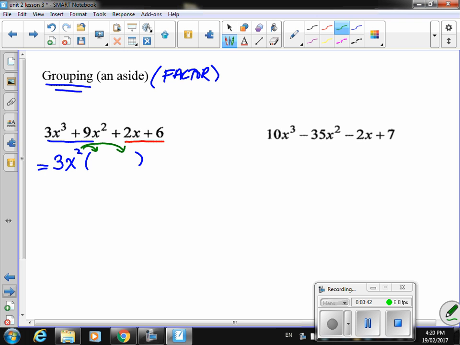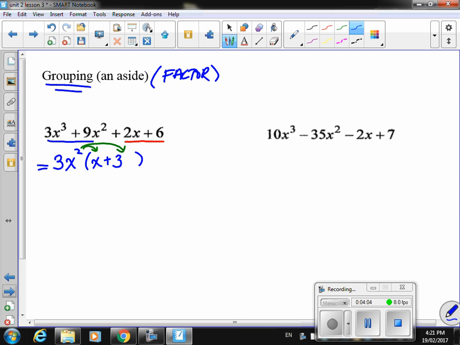I love arrows. Okay, 3x squared. I have my 3 taken care of. I have x squared and I want x cubed, so I need another x for the first term. Plus, for the second term, I have 3 and want 9, so I need 3. I have x squared, I want x squared, I'm done.